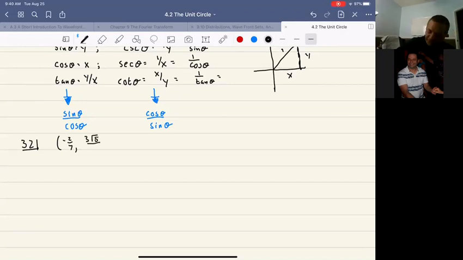So we're given this point, -2/7, 3√5/7, and we're going to find secant of t, cosecant of t, and cotangent of t.